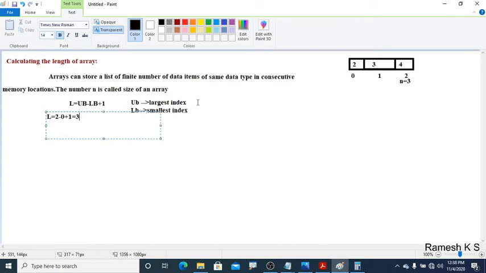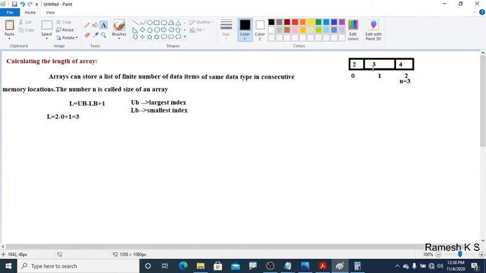Now try to identify the length: 1, 2, 3. The total number of elements is 3. The length is 3 or the size is 3. So we found the length of an array. With the help of this formula, we are calculating the length of an array. This is about calculating the length of an array.